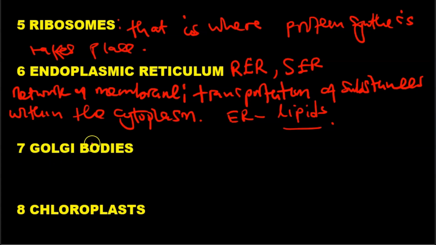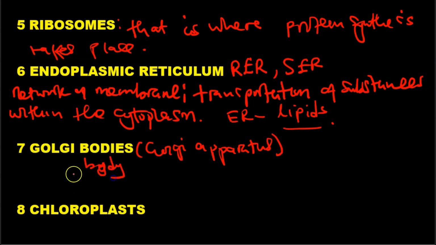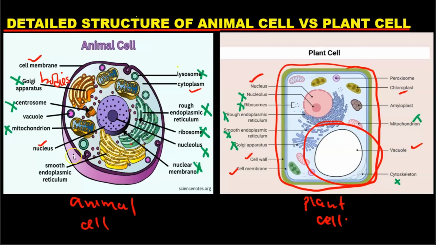What about Golgi bodies or Golgi apparatus? One is called a Golgi body. Then a group of them, like you can see here, is called the Golgi apparatus, because they are found piled like this.